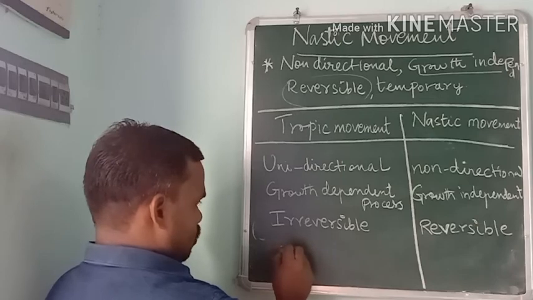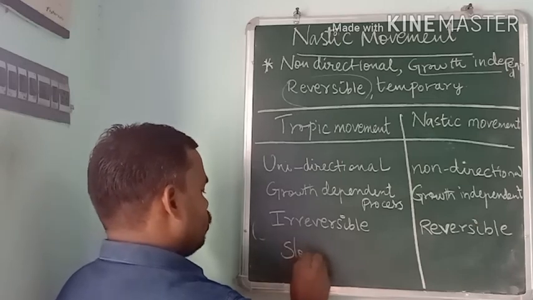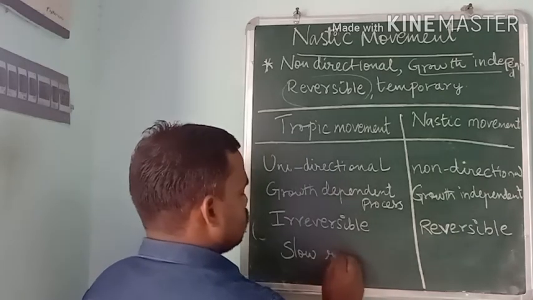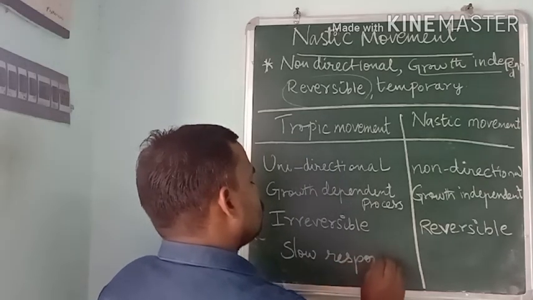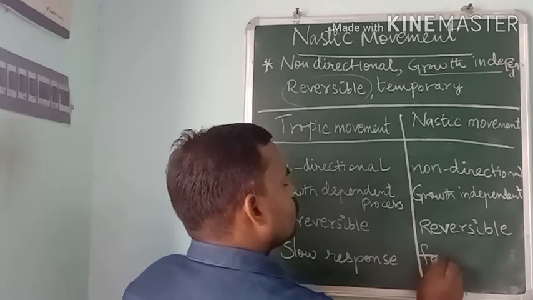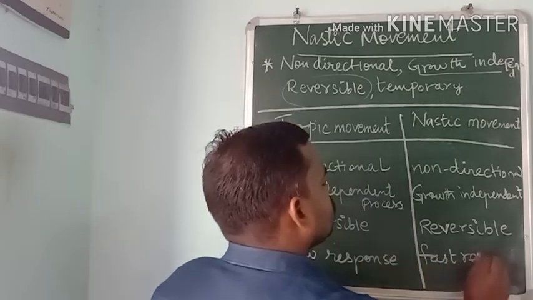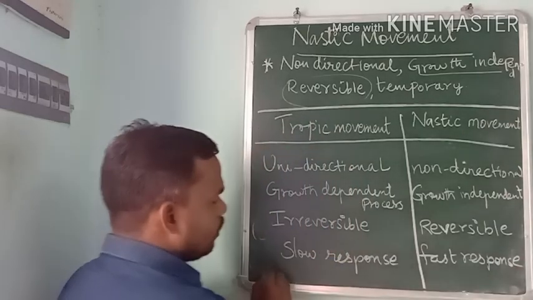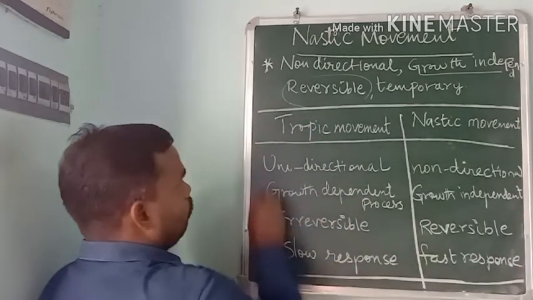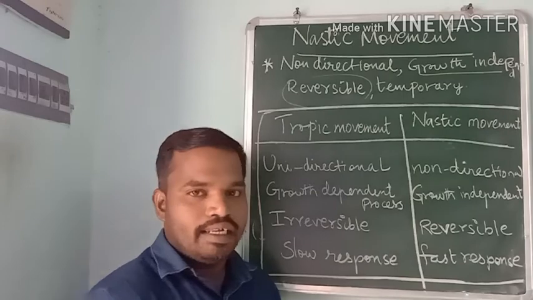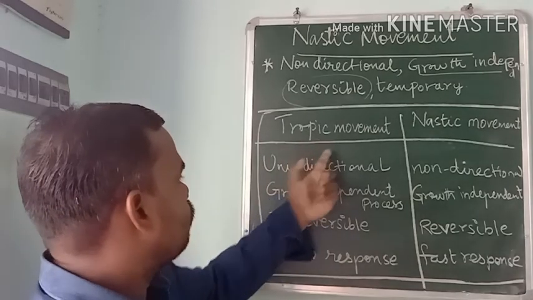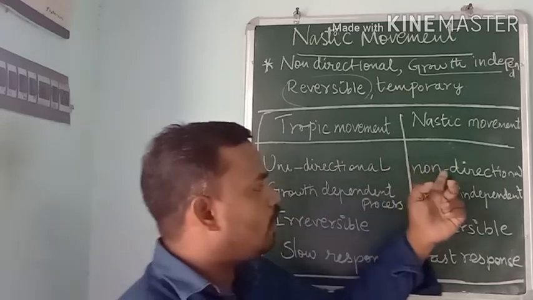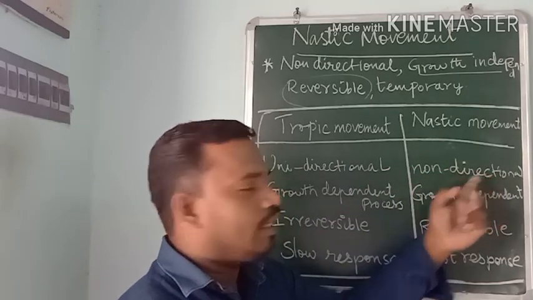Tropic movement shows slow response, Nastic movement shows fast response. Do you understand? These are the differences between tropic movement and Nastic movement. So tropic movement is a unidirectional movement, and Nastic movement is a non-directional movement.